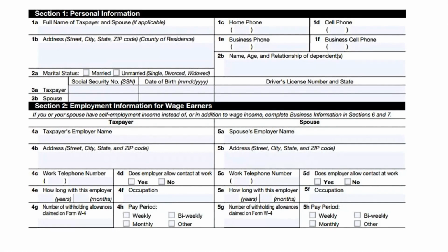And then Seth, great question. What's the difference between the 433A and the 433A OIC? You're also going to use a version of the 433A when you're doing an offer in compromise.